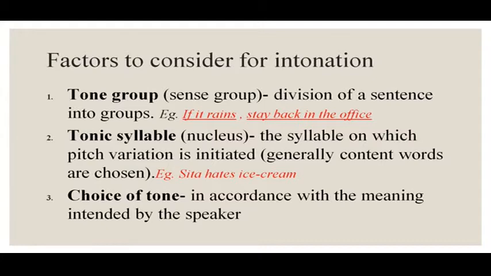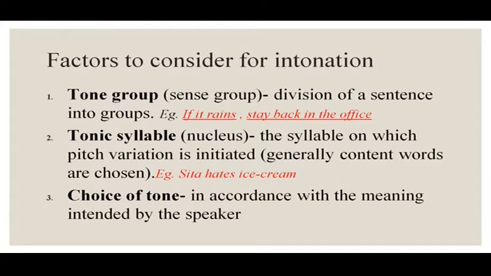If the intention is to convey the hatred that is absolute, the choice for pitch variation would be the word hates. And if the message is that it is only ice cream that is hated, and other sweet dishes or puddings are liked, the choice of pitch variation will be the word ice cream.